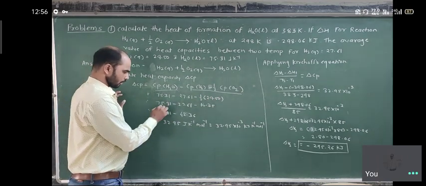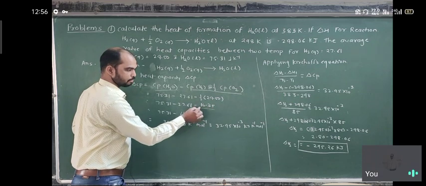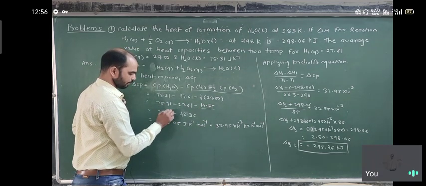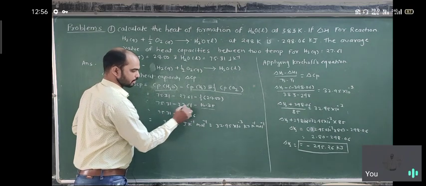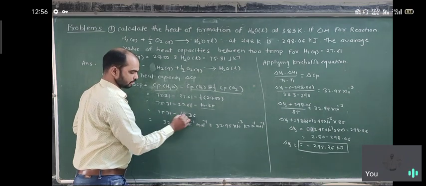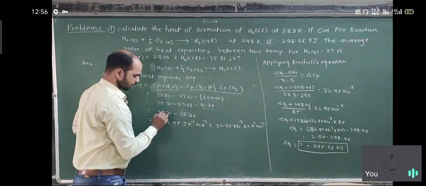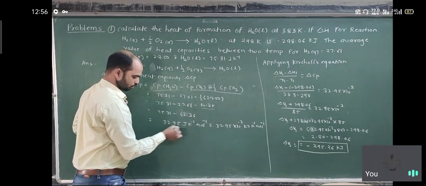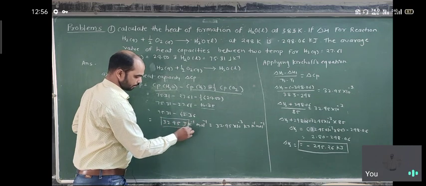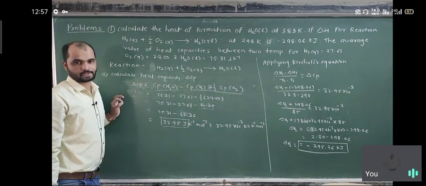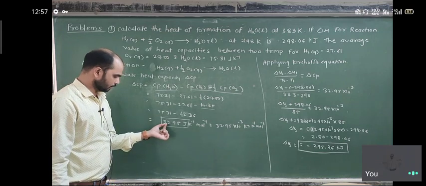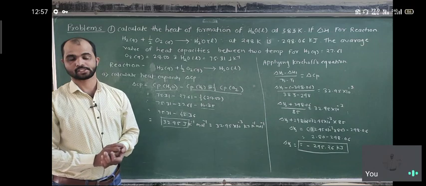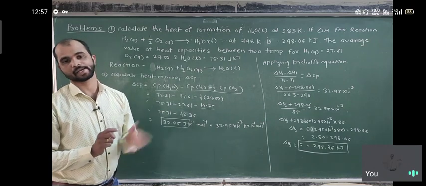So here we consider 14.75. Here we add the two together, so this answer is 42.36. So 75.31 minus 42.36 is equal to 32.95 joule per Kelvin. So 32.95 joule per Kelvin is the change in heat capacity of the given reaction.